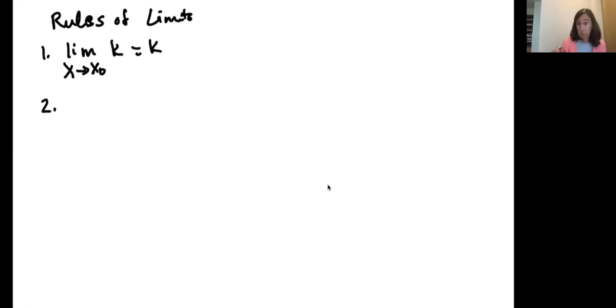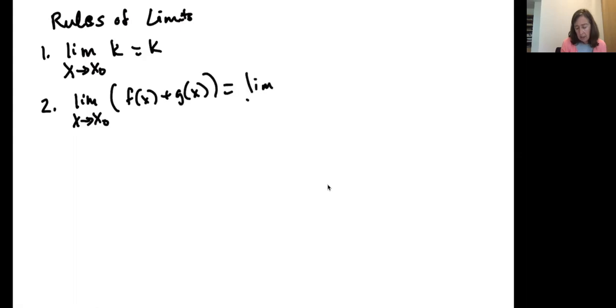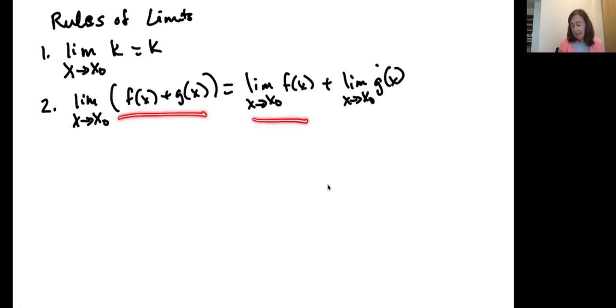Now we've got some rules that really look like algebraic rules. Okay, so the limit as x goes to x0 of f of x plus g of x is the limit as x goes to x0 of f of x plus the limit as x goes to x0 of g of x. Okay, so the limit of the sum is the sum of the limits.